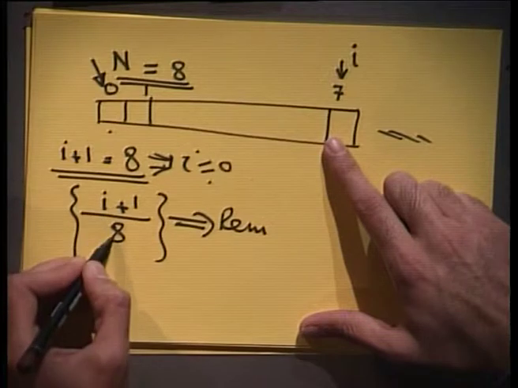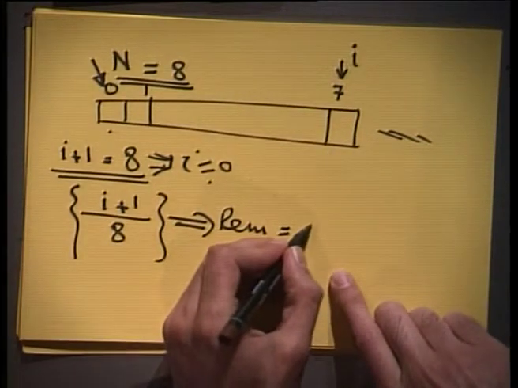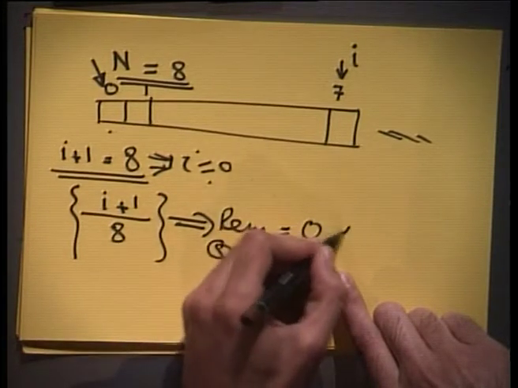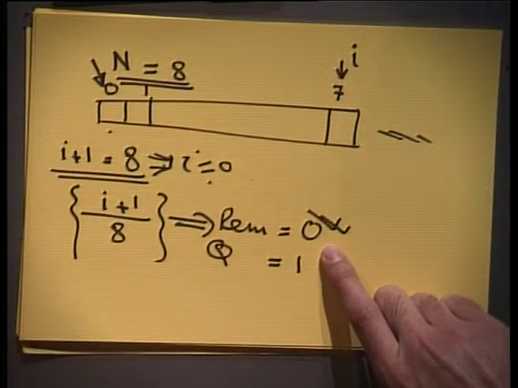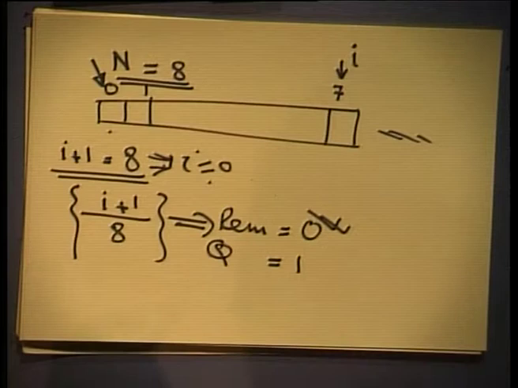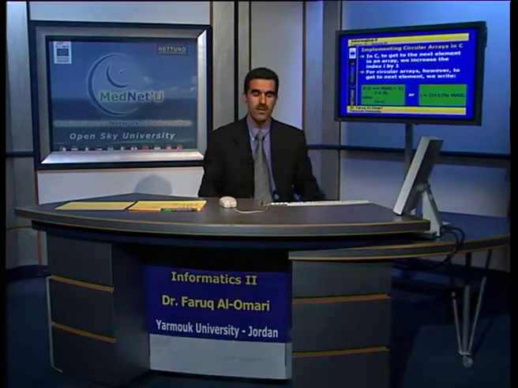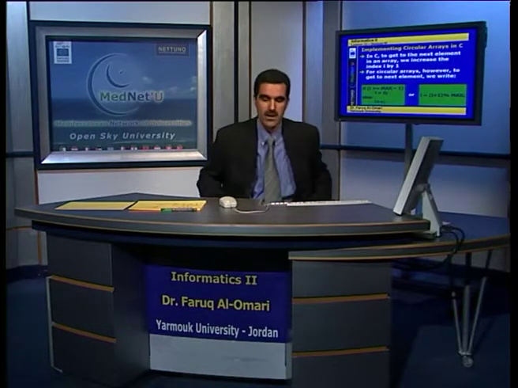So this is 8 divided by 8, that equals 1, and the remainder is 0. So quotient equals 1, however, the remainder is 0, and I'm going to take my remainder as the index within the array. So either this implementation or that implementation works, and they both make my array structure kind of circular rather than straight.